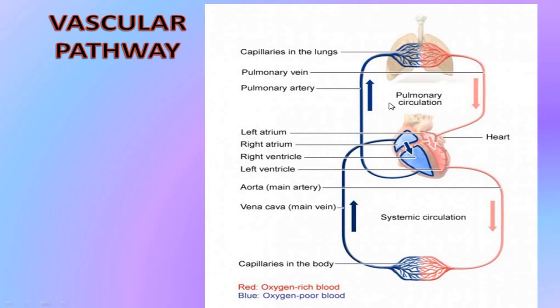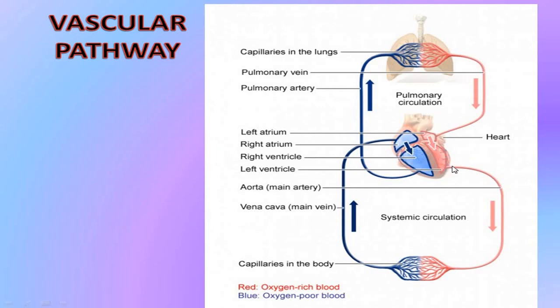As you can see, pulmonary circulation is where the blood from the heart, which is deoxygenated blood, is pumped to the lungs, and inside the lungs this blood is purified or oxygenated, and this oxygenated blood comes back to the heart.